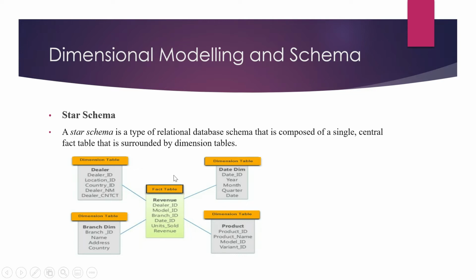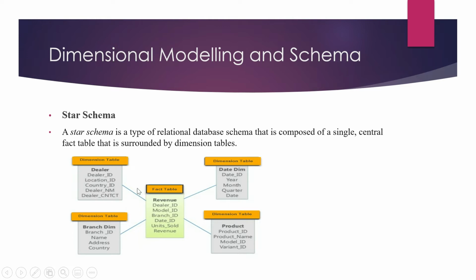In this example, you can see that we have a fact table for revenue. It has different columns: dealer ID, model ID, branch ID, date ID, units sold, revenue. These are the fields in the fact table, but this fact table is surrounded by different dimension tables. There might be a date table, product table, dealer table, and branch table.